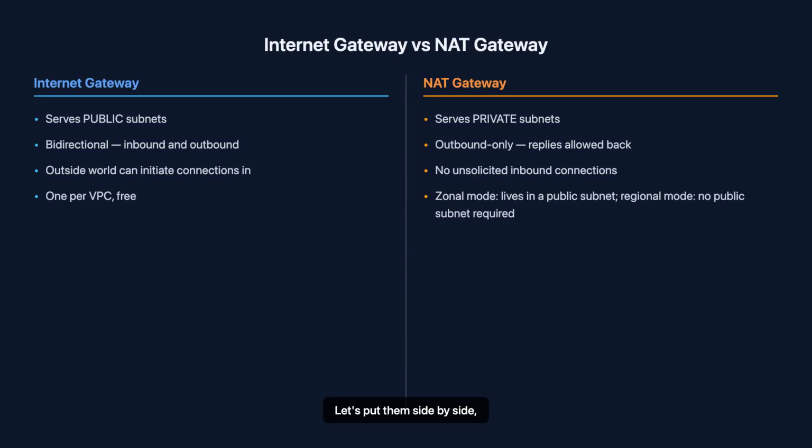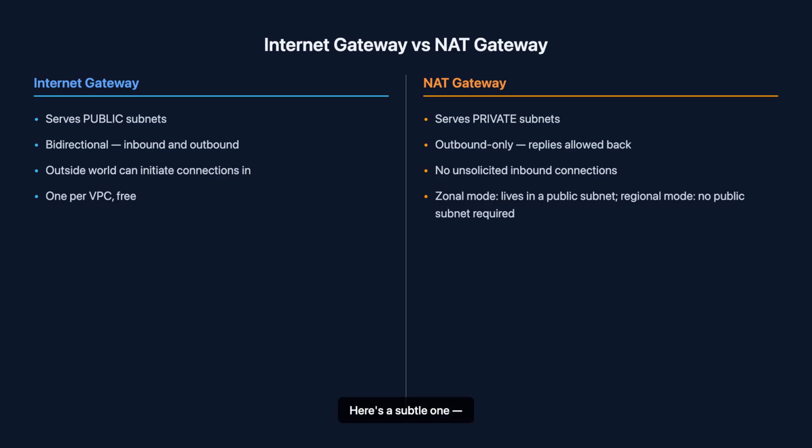Let's put them side by side, because these two gateways are often confused. The Internet Gateway serves public subnets, it's bidirectional, the outside world can start connections inward, and there's one per VPC at no charge. The NAT Gateway serves private subnets, it's outbound only with replies allowed back, and no stranger can connect in.